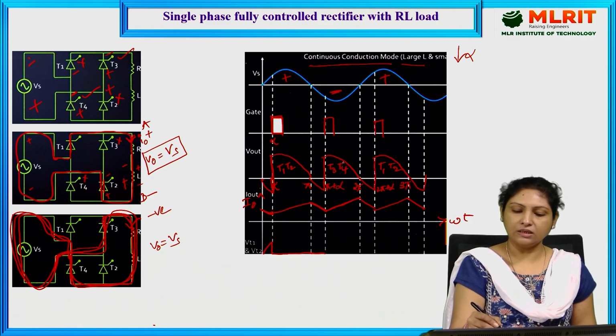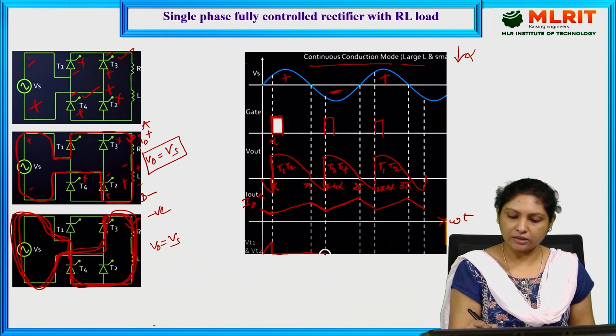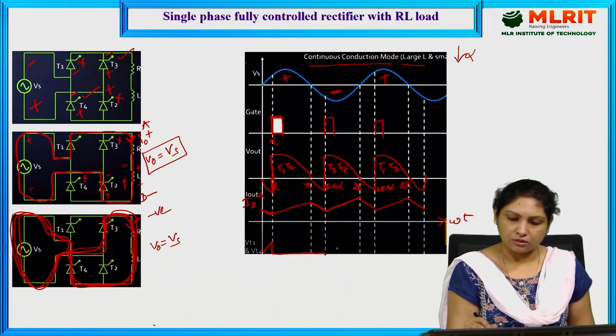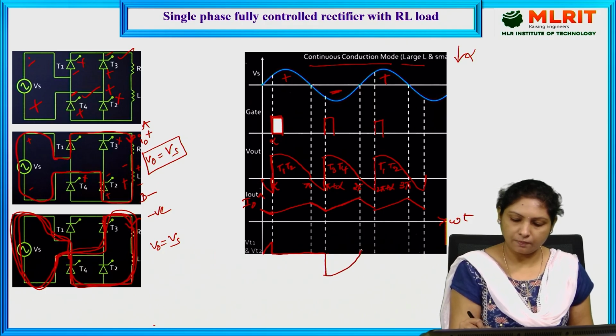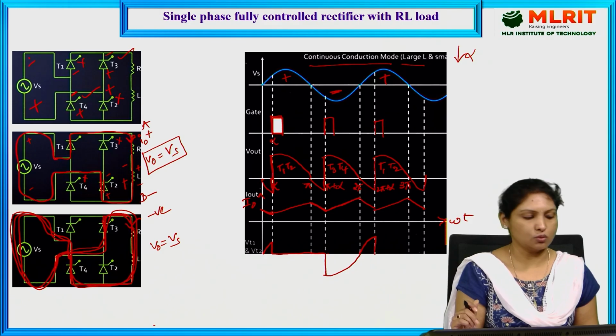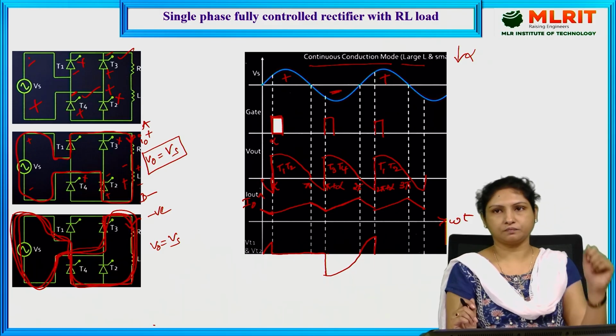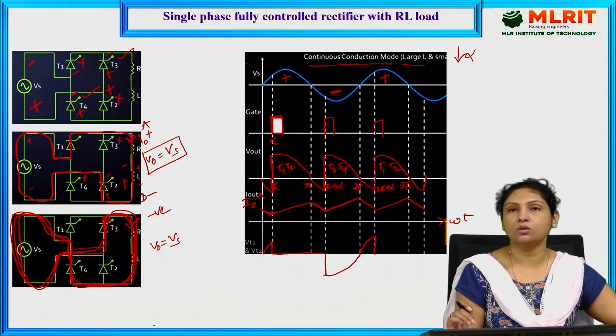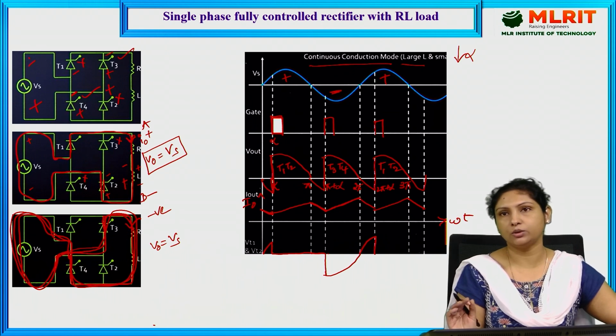And if you see here, thyristor 1 and 2 are off, so that is how we are getting the output voltage right from pi plus alpha to 2 pi plus alpha, and it is just following the input voltage waveform. So this is the voltage across thyristor 1 and 2.